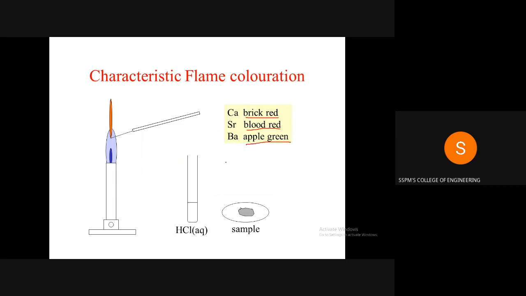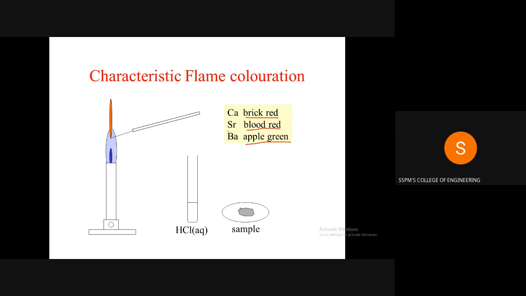So remember this color: for calcium, it is brick red. CBr means calcium brick red. Strontium blood red, and barium apple green. When elements react with HCl and burn on a flame, they give the characteristic flame color.